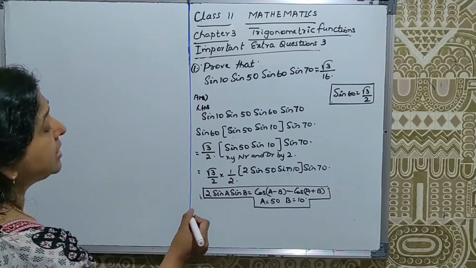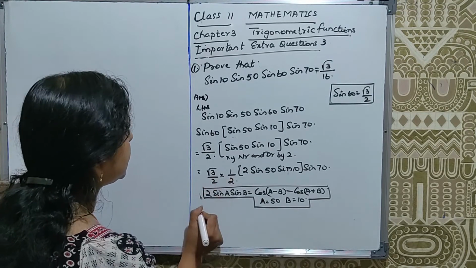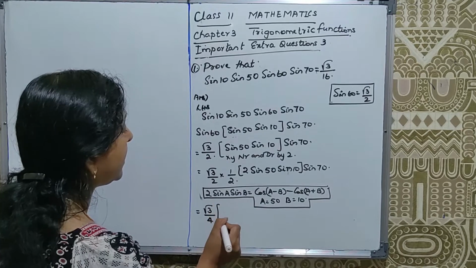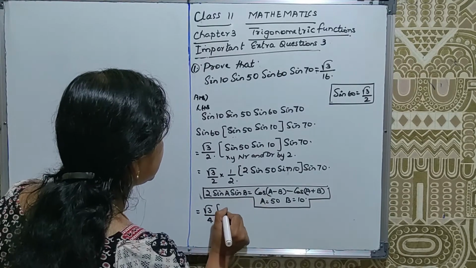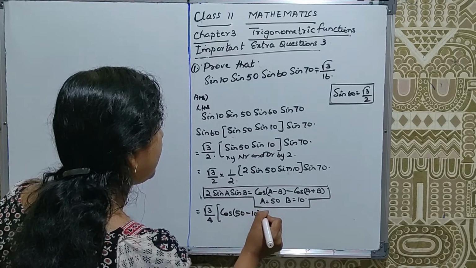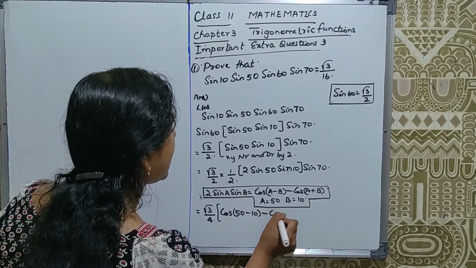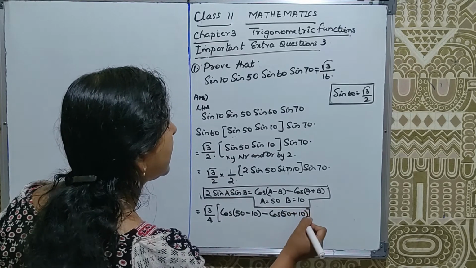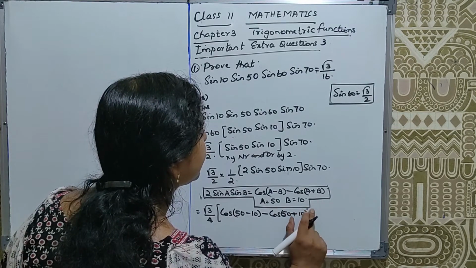Now here, root 3 into 1 is root 3, 2 into 2 is 4, into cos A minus B. This is cos 50 minus 10, minus cos A plus B, cos 50 plus 10, into sin 70.